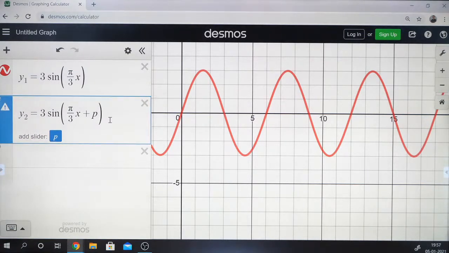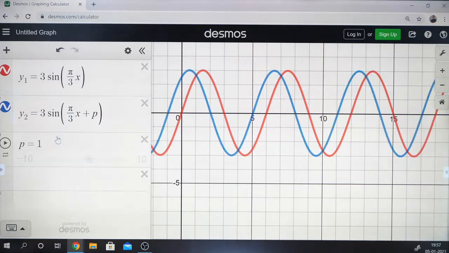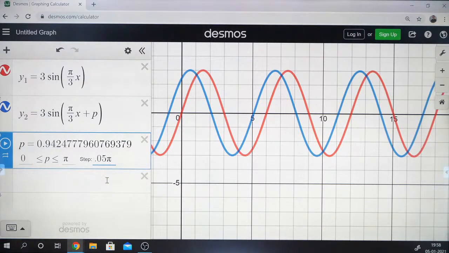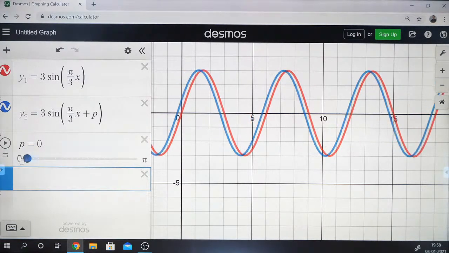So you can see that I can change the value of p, and let's keep it from 0 to pi, in steps of 0.05 pi.